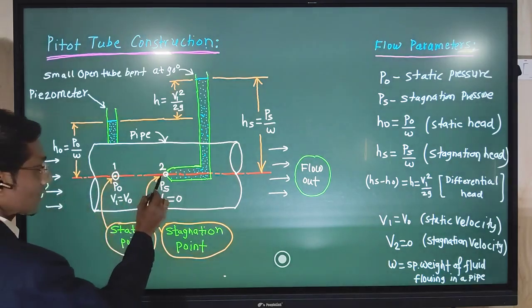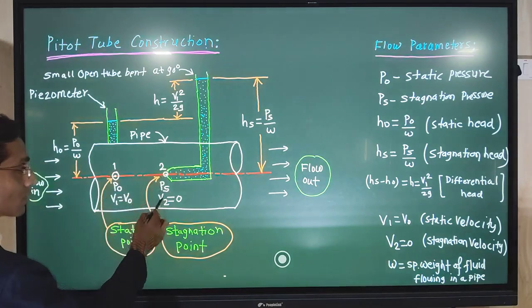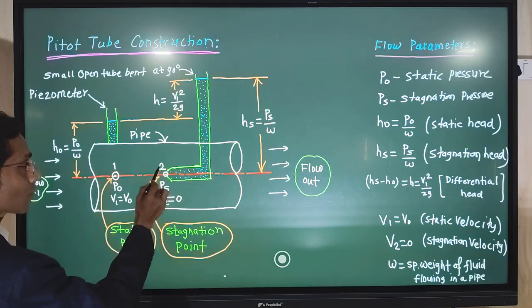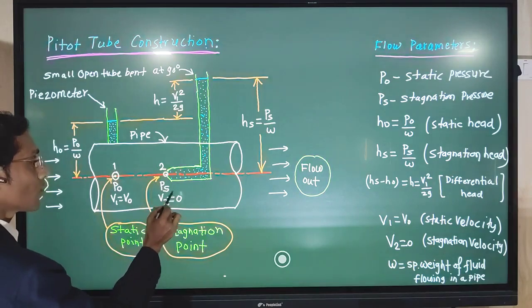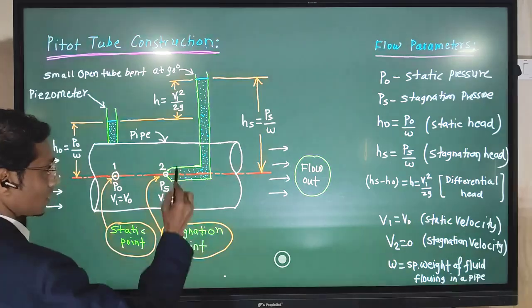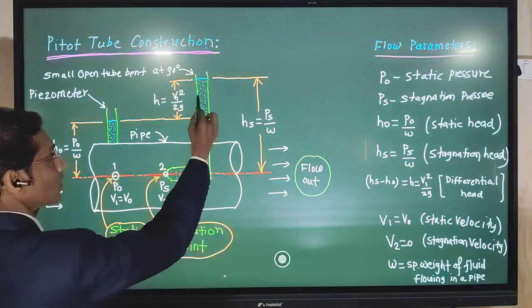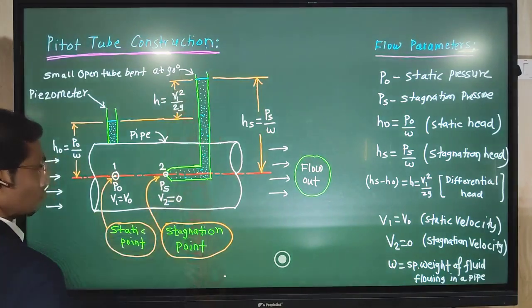Now this is the second point where the velocity of the fluid becomes 0 ideally. So at number 2, this energy in the form of kinetic energy is converted into pressure energy, and this pressure energy we observe here in terms of the rise of the liquid in this tube.